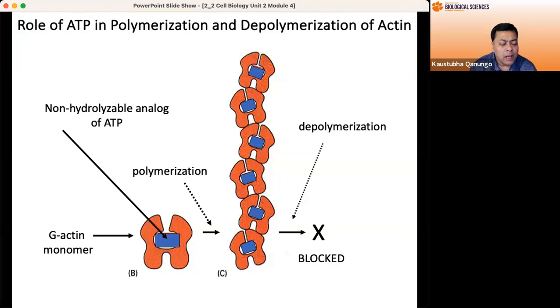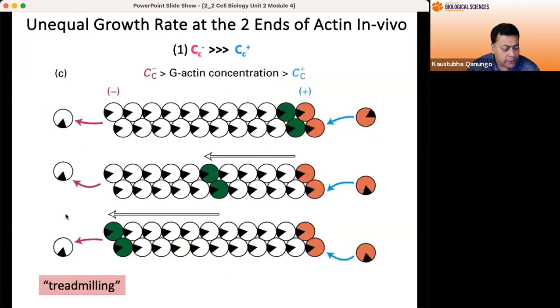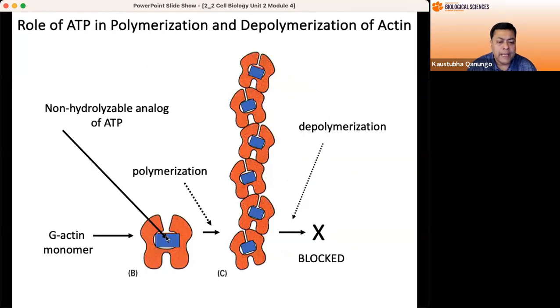So you can build a molecule which looks like ATP, and it will bind to the ATP binding pocket, but it is slightly different, and the ATPase function of the G-actin will not be able to hydrolyze it. That means that this ATP analog, which is similar to ATP but not ATP, is not going to be broken down into ADP. Once bound, it will be irreversibly bound to the G-actin.